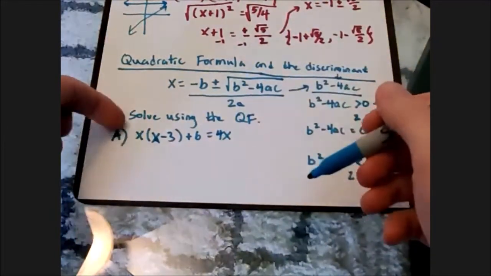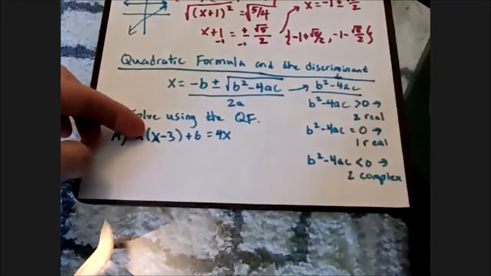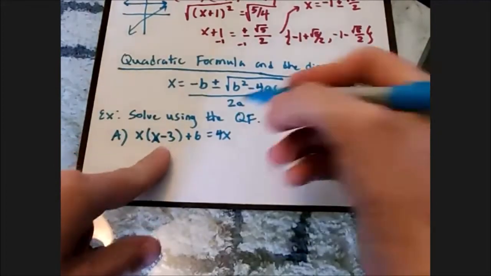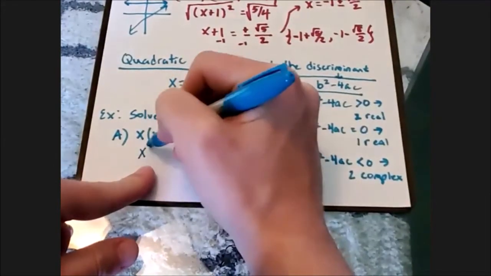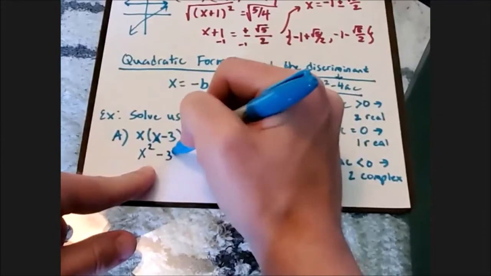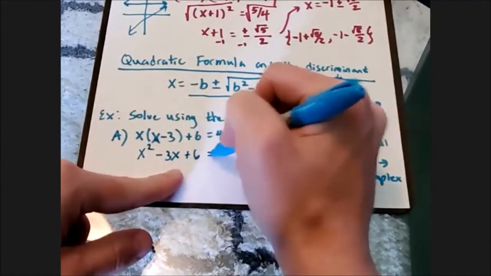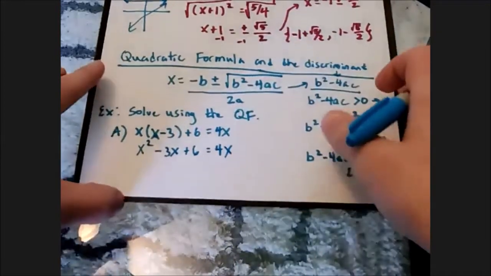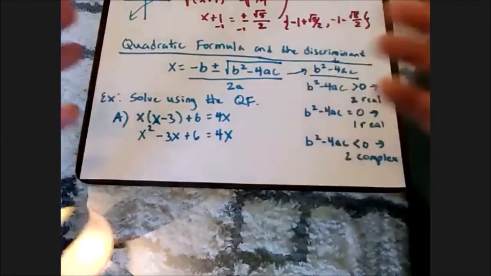For example, to fix this guy, we need an x squared term. We get that by distributing here. So I'm going to rewrite this as x squared minus 3x. And then also to be in standard form, we need all of the terms to be on the same side.